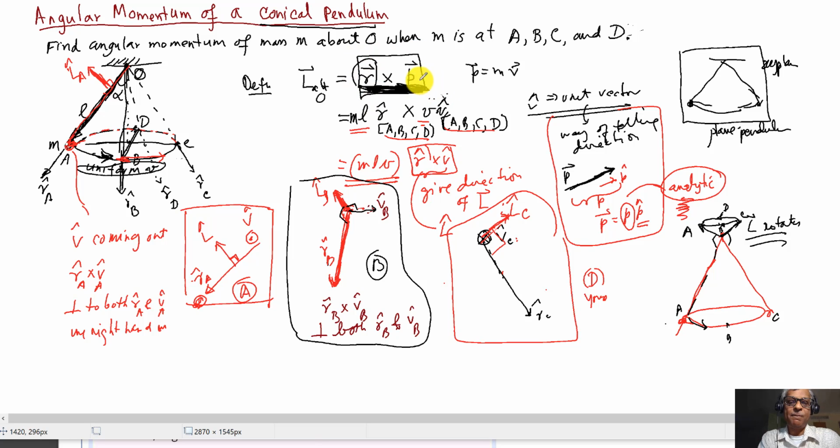The important part of the cross product, I was able to boil it down to this: whatever comes out is perpendicular to both of the things you're cross producting, and you can use the right hand rule to get the direction.